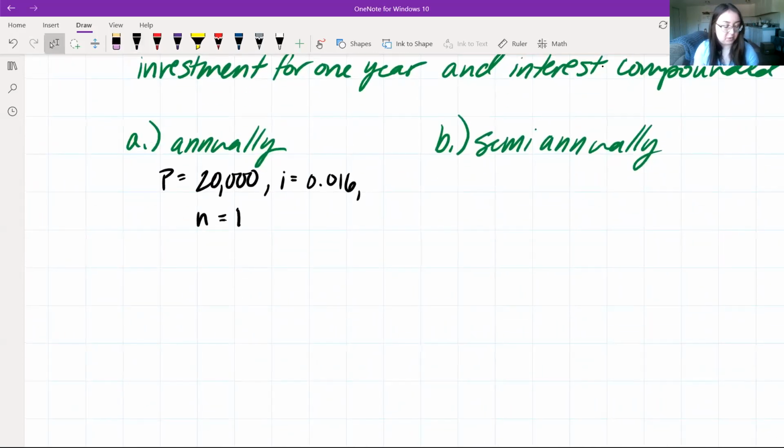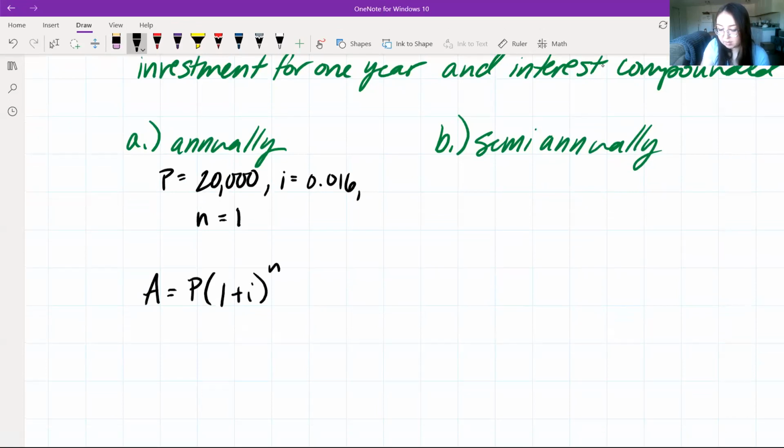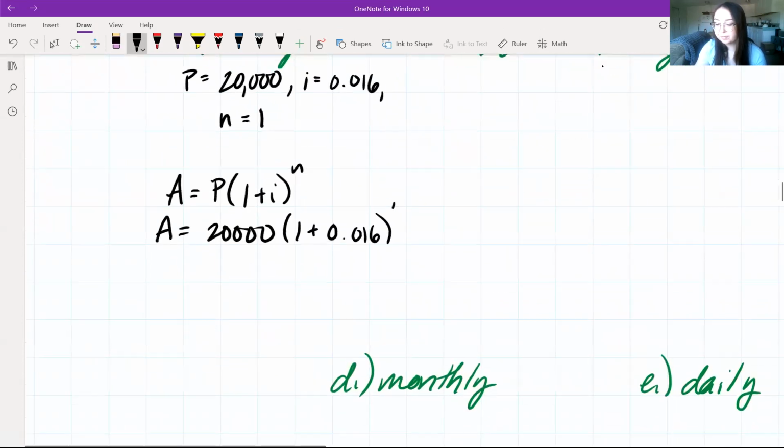So now we can compute our future values. We get that A is equal to P times (1 plus i) to the n power. With our variables, we get A is equal to 20,000 times (1 plus 0.016) to the first power.